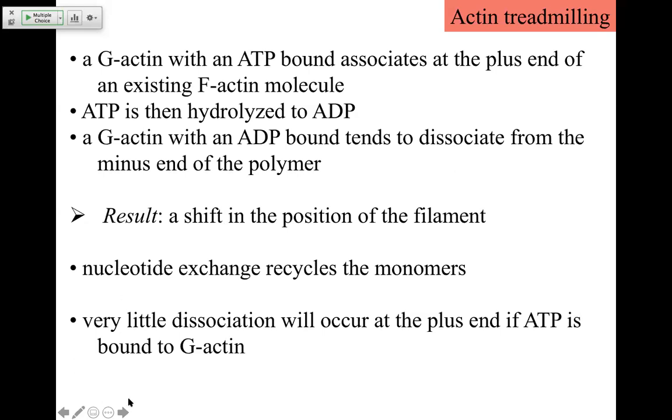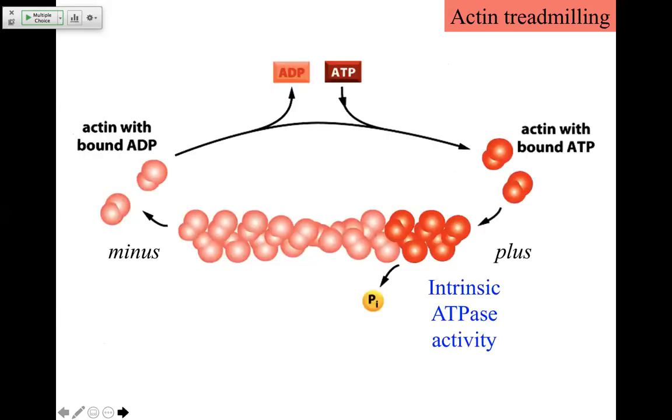And so if you actually put together, either in a region of the cell, or you could do this experimentally, if you had a constant amount of G-actin monomers, and you had constant association rate at the plus end, so this actin bound to ATP adding one at a time to the plus end, which will relatively quickly hydrolyze that ATP so that now we have it pink.